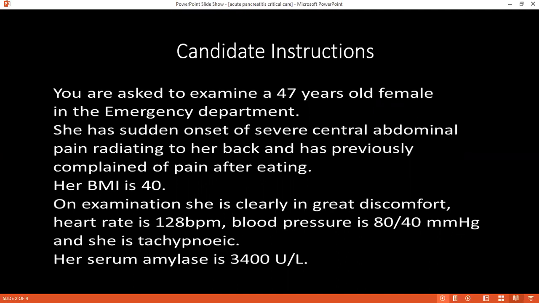And after 48 hours, you assess for hematocrit drop of more than 10%, rise in blood urea nitrogen more than 5 mg per dl even after IV fluid hydration, base deficit of more than 4 millimole, fluid sequestration more than 6 liters, calcium less than 2 millimole per liter, and PO2 less than 8.